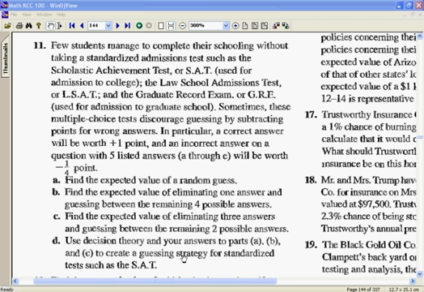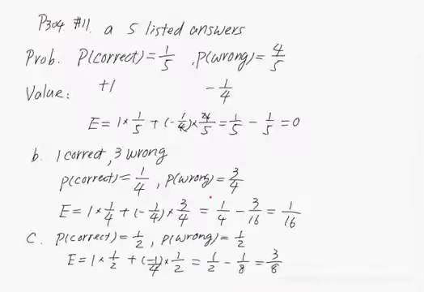Should you guess? The expected value is 0. Should you still guess in this case? By guessing, it's not negative. On average you get nothing.